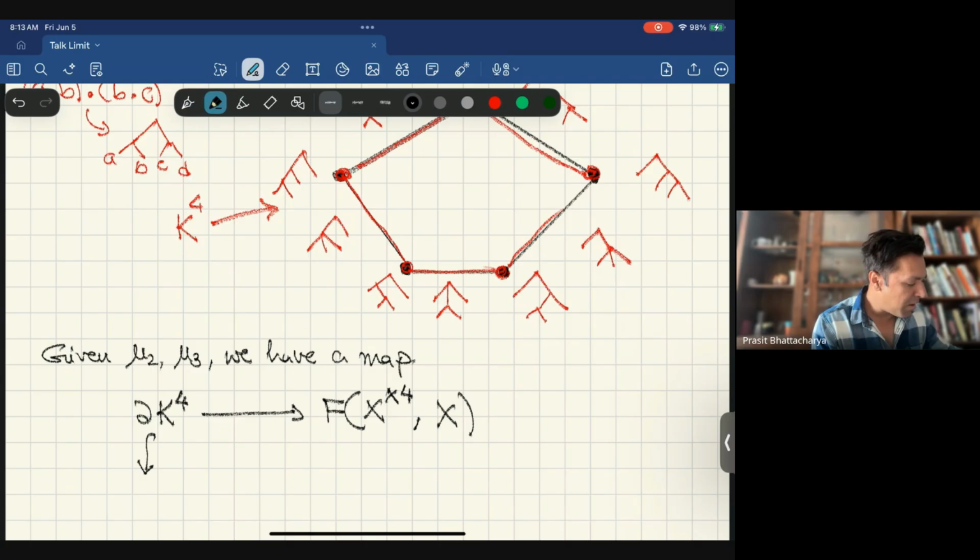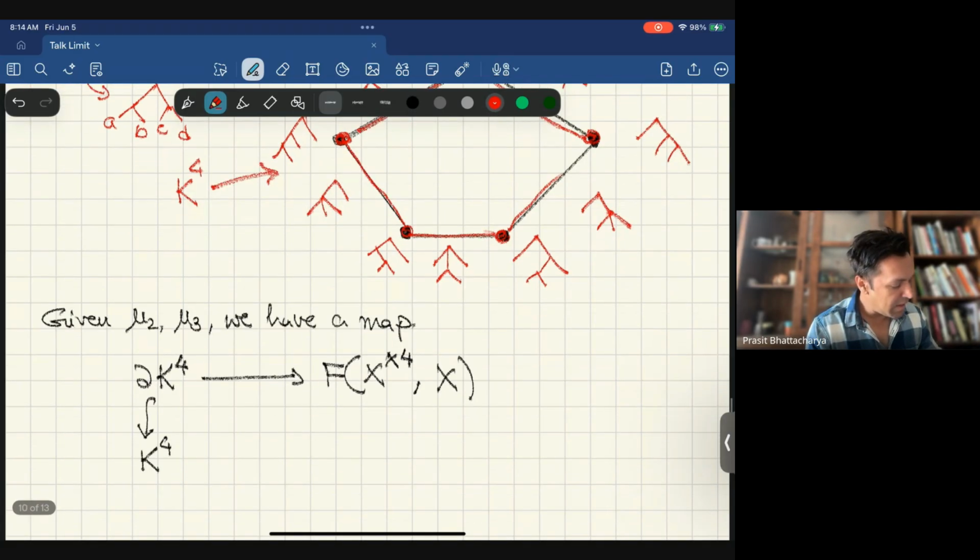And the boundary of K4 is of course sitting inside K4. And the question is, can I fill up this pentagon? Can I fill it up?